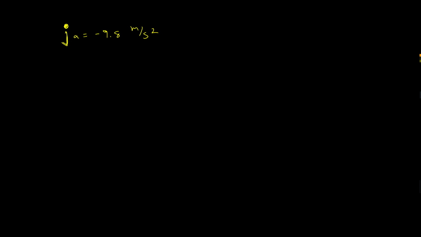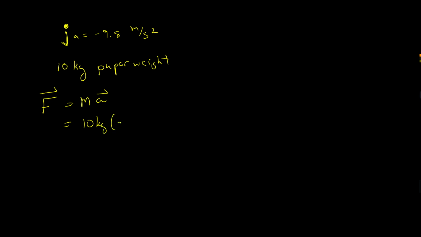So if I take a particular object, let's say a 10 kilogram paperweight, and I subject it to this vector, I can say the force on that paperweight is equal to the mass times the acceleration, or 10 kilograms times negative 9.8 meters per second squared, or negative 98.